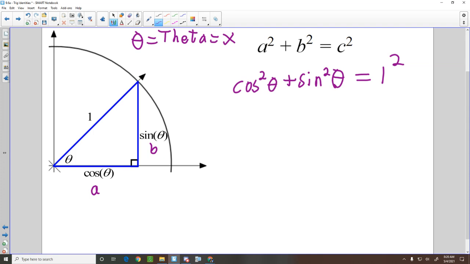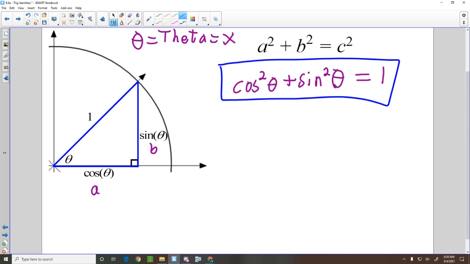Not really, right? 1 times 1 is just 1. So just using what we know about the unit circle and using the Pythagorean theorem, look at this. I've got a brand new identity. This will be true for any angle on the unit circle, meaning it's true for any angle at all that we create.